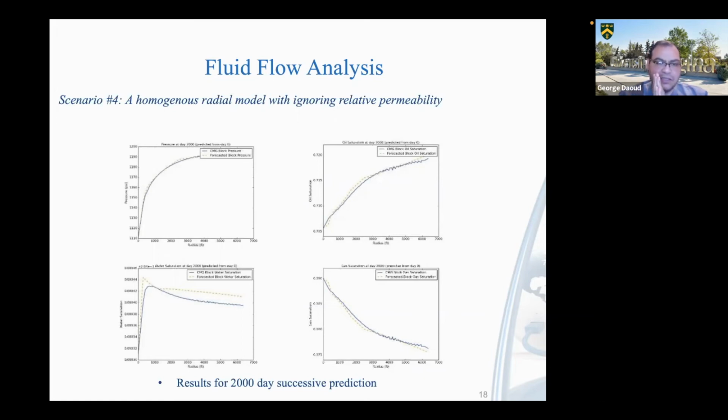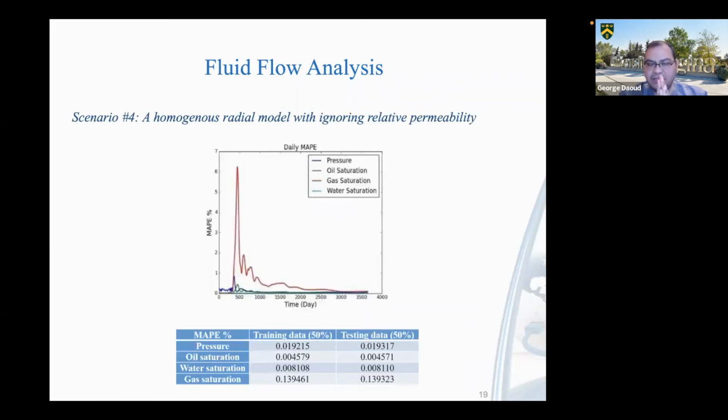The figures you can see here are for a 2000-day successive prediction, which means that we start only with the data of the first day and predict the second day, and use the prediction of the second day to predict the third day, and so on until the end of 2000 days. And here are the results of our model compared with a numerical simulator, which is the CMG simulator.